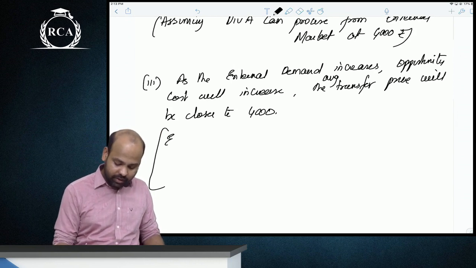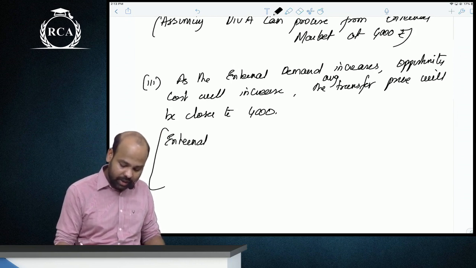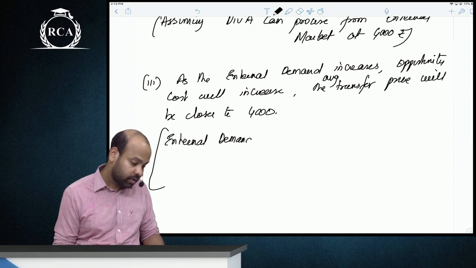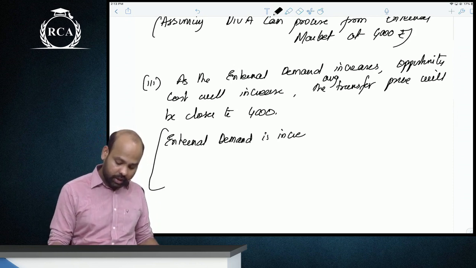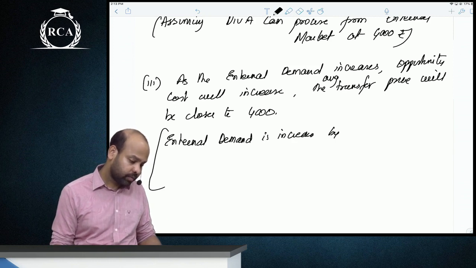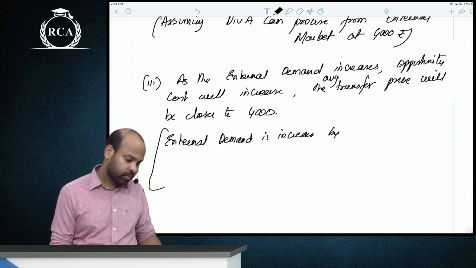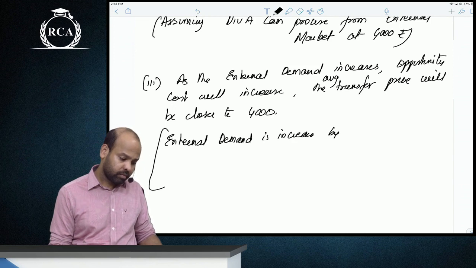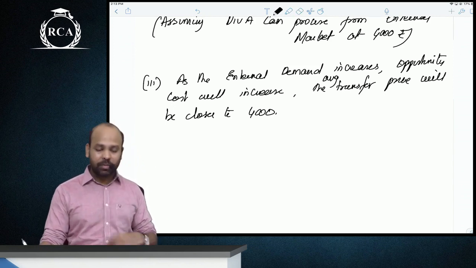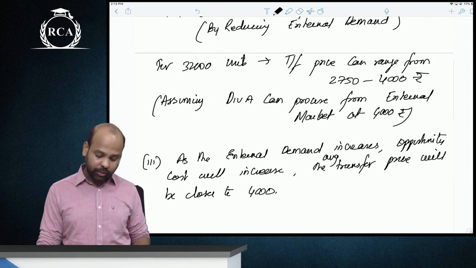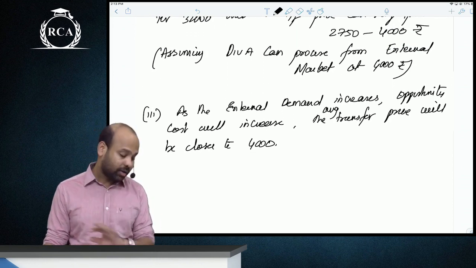The question says external demand is increasing by 18,000 units. As you keep increasing the external demand, obviously opportunity cost will increase and this will happen. You just have to write this, nothing else.